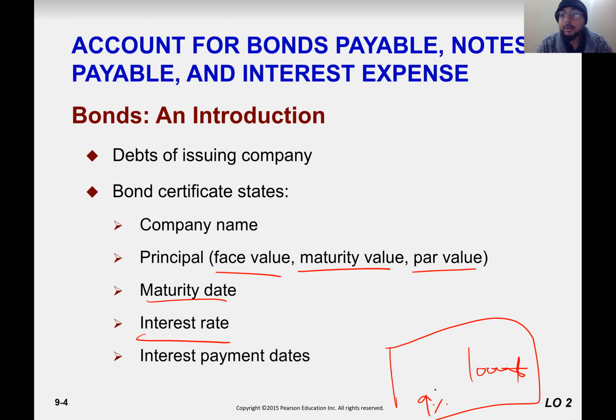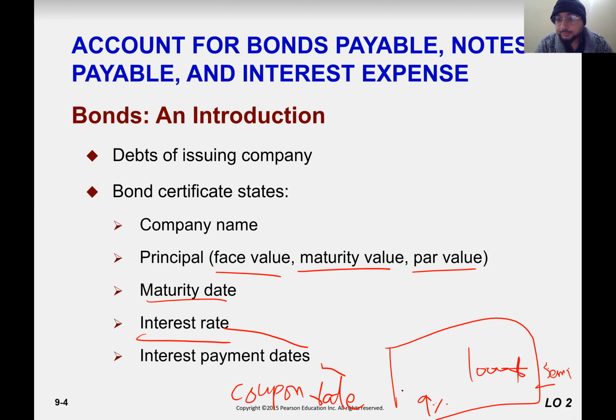So remember, that interest is called the coupon rate, right? Coupon rate. And remember, it's a world practice that normally the interest is given semi-annually, which means twice a year.